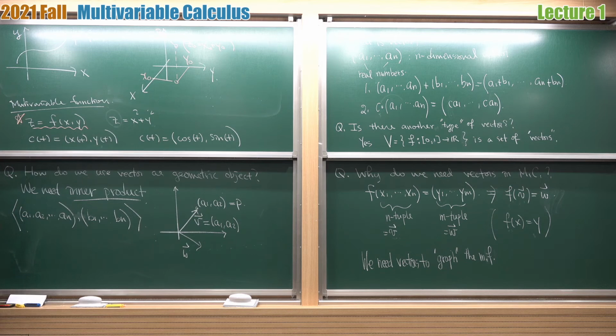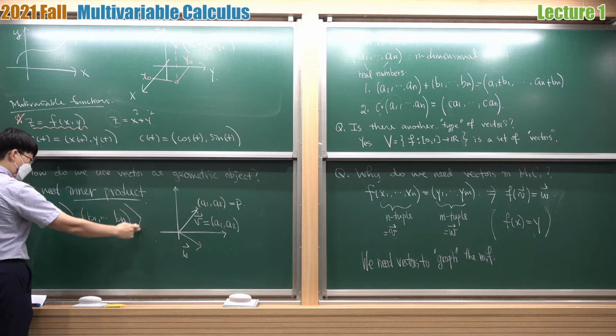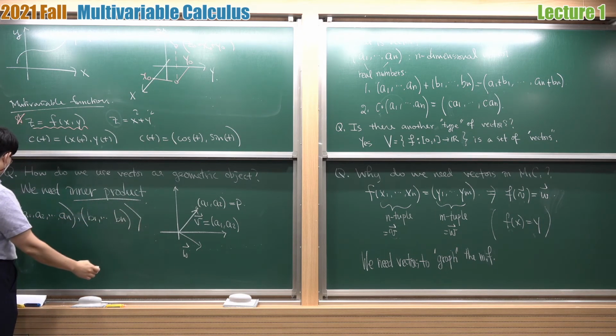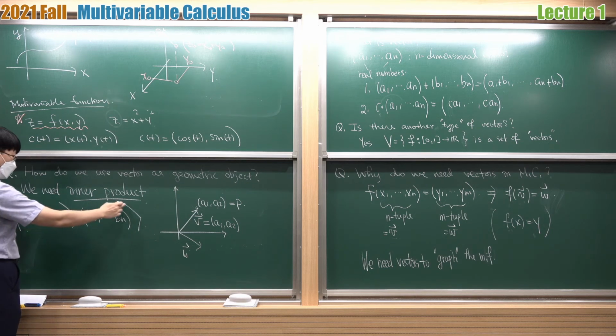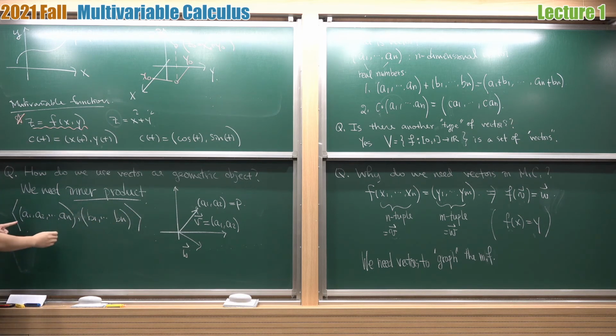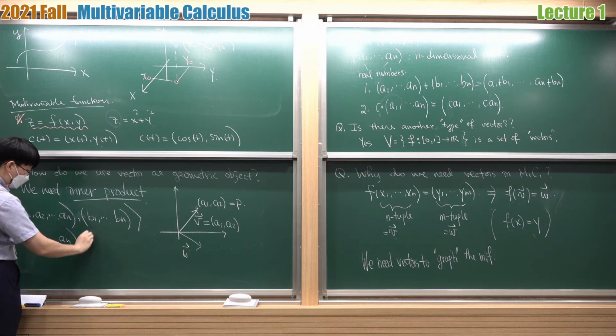The symbol for the inner product is usually written as the pointy bracket here, and sometimes people write it with this empty dot symbol.